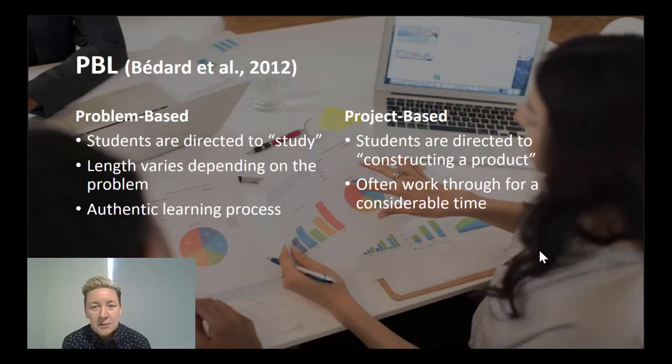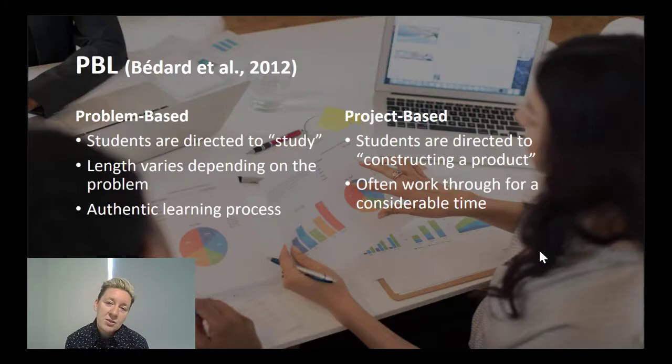In order to help us to more clearly conceptualize what problem-based learning might be, let's compare problem-based learning to a similar pedagogy, which is project-based learning. Both of these learning styles are student-centered and allow the students to work in groups to come up with a solution. However, the outcomes are quite different.